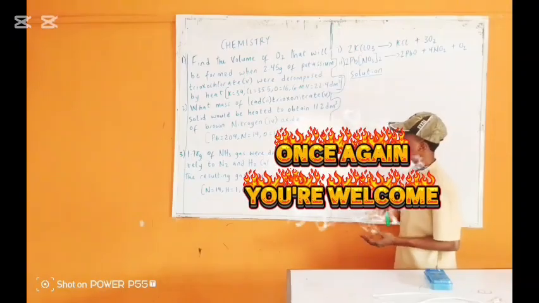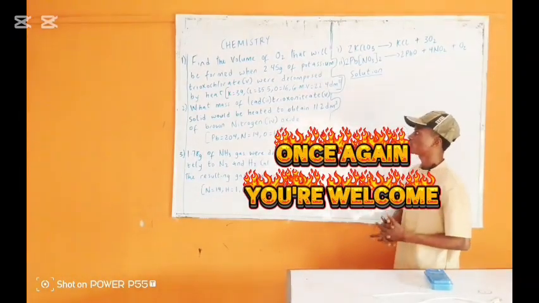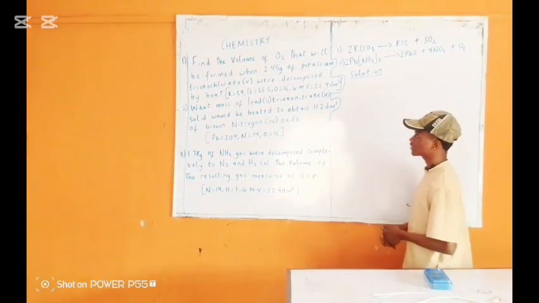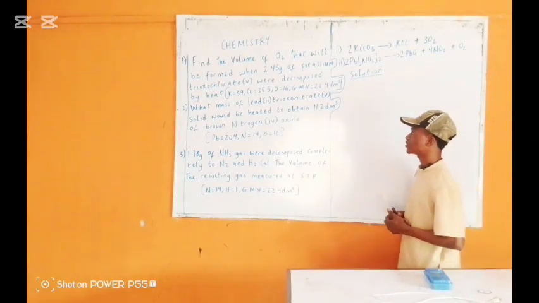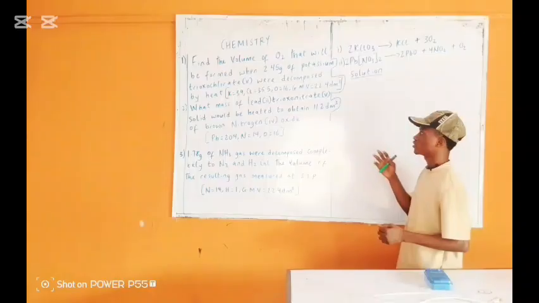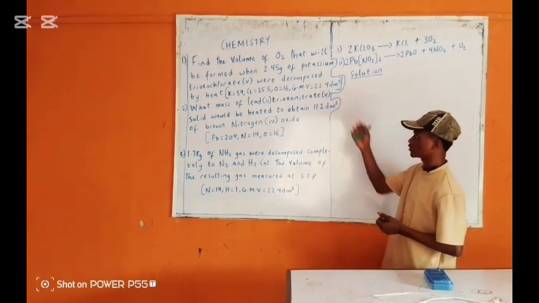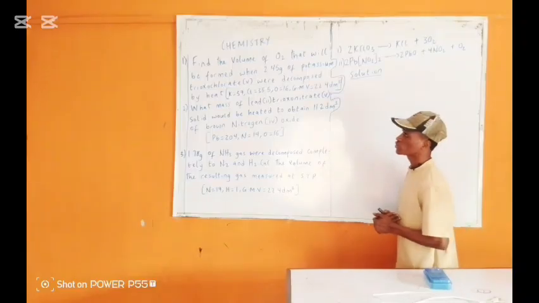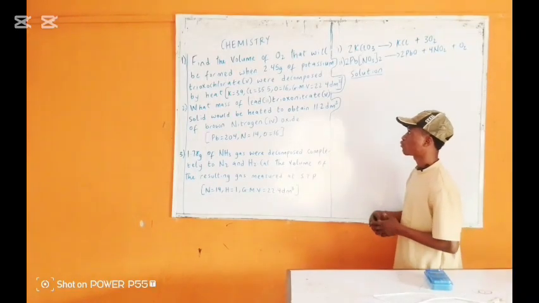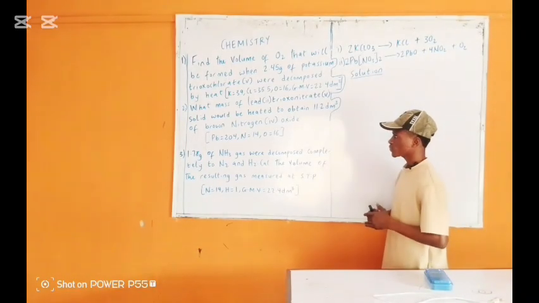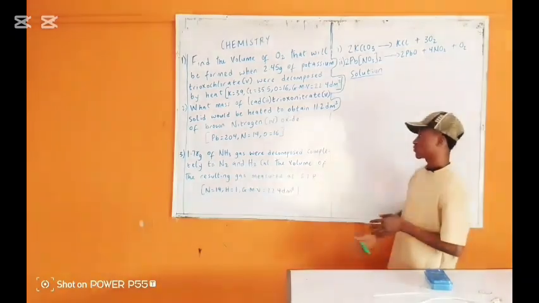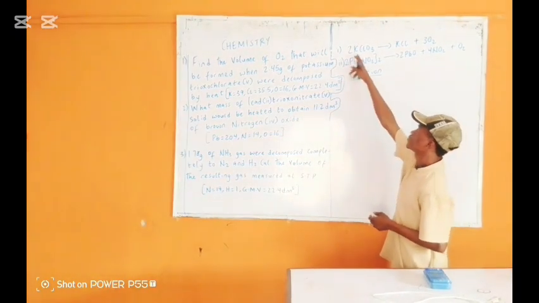Potassium is 39, chlorine is 35.5, oxygen is 16, GMV, which is given molar volume, is 22.4 dm cube at STP. If it's at RTP, it will be 24.0 dm cube. And the equation for number 1 is given on the board.